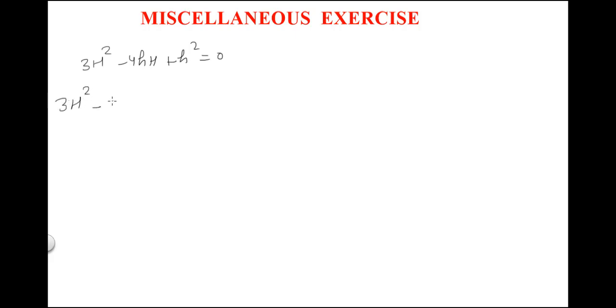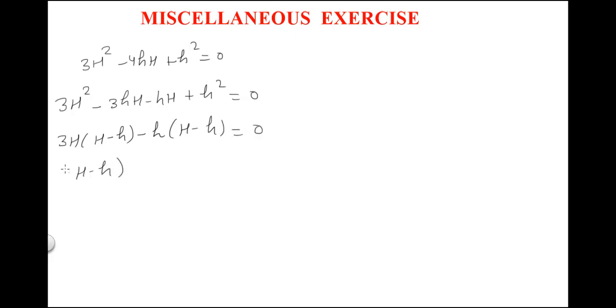So 3H square minus 3hH minus hH plus h square equals 0. Taking 3H common from the first two terms, we have H minus small h, plus, we can take minus h common, so we have H minus h here. Taking H minus h as common, the other factor is 3H minus h equals 0.